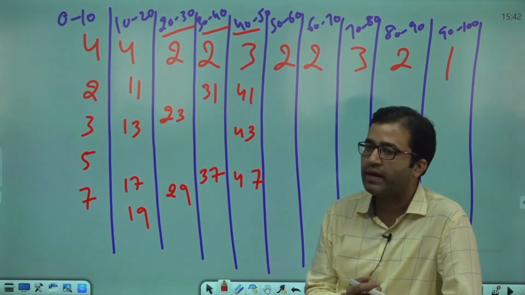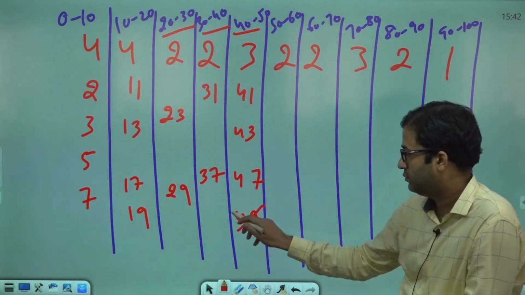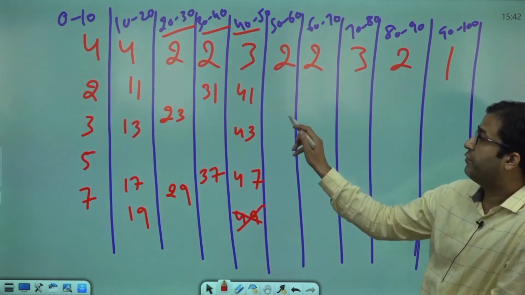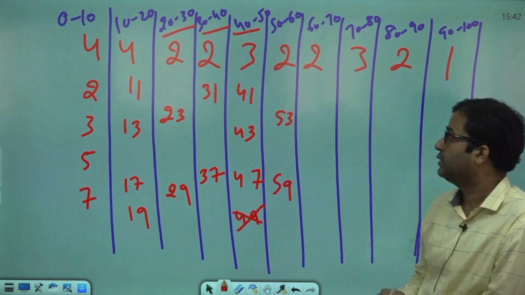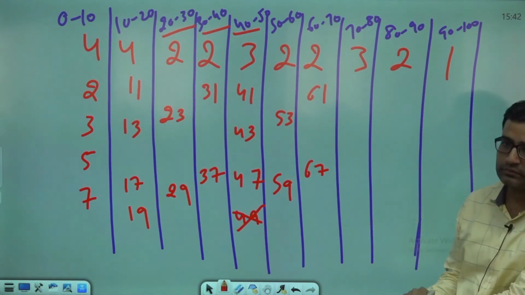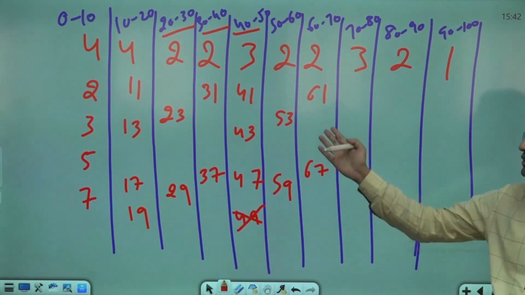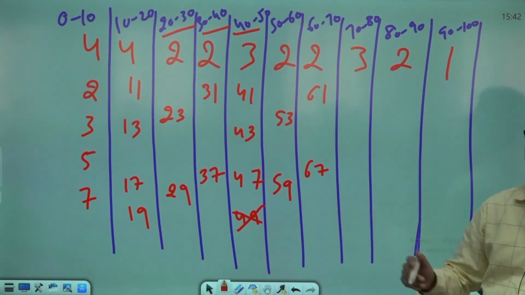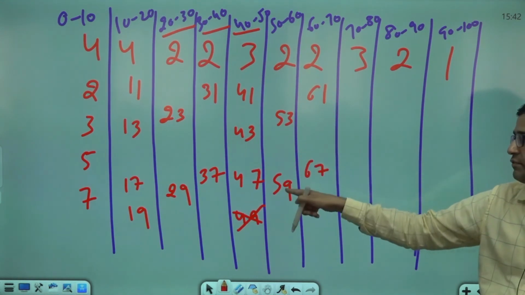It is divisible by 7. 53, 59, 61, 67. Because 63 is divisible by 3, 69 is divisible by 3.